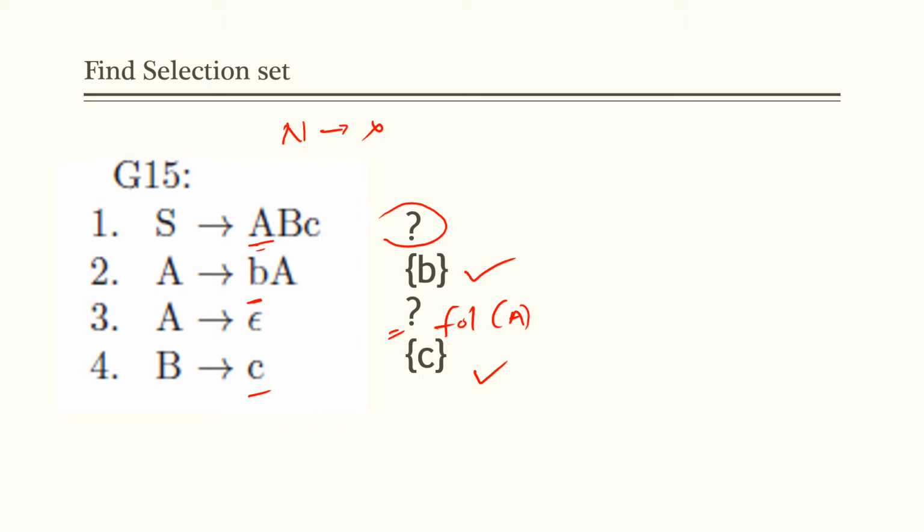In this video, we will look into an algorithm to find the selection set for this kind of grammar, the LL1 grammar. There are 12 steps altogether that we will look into in the next slide.